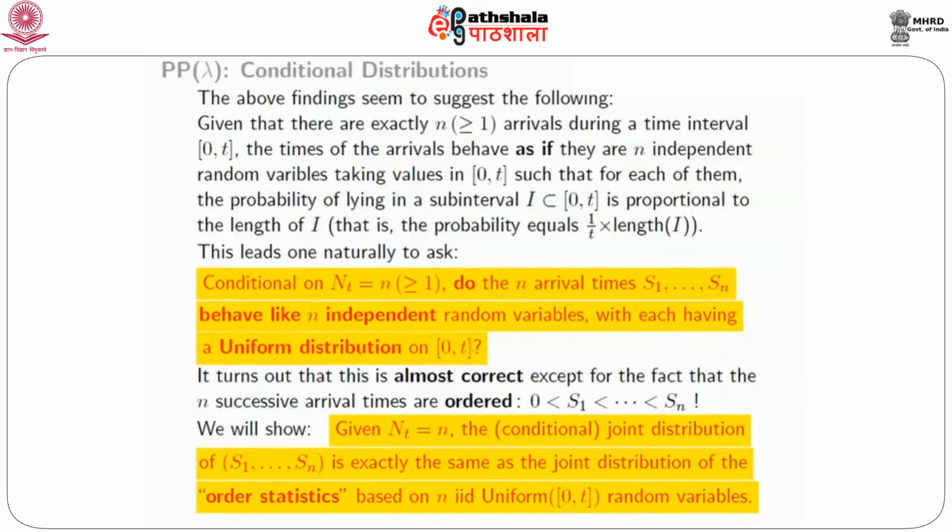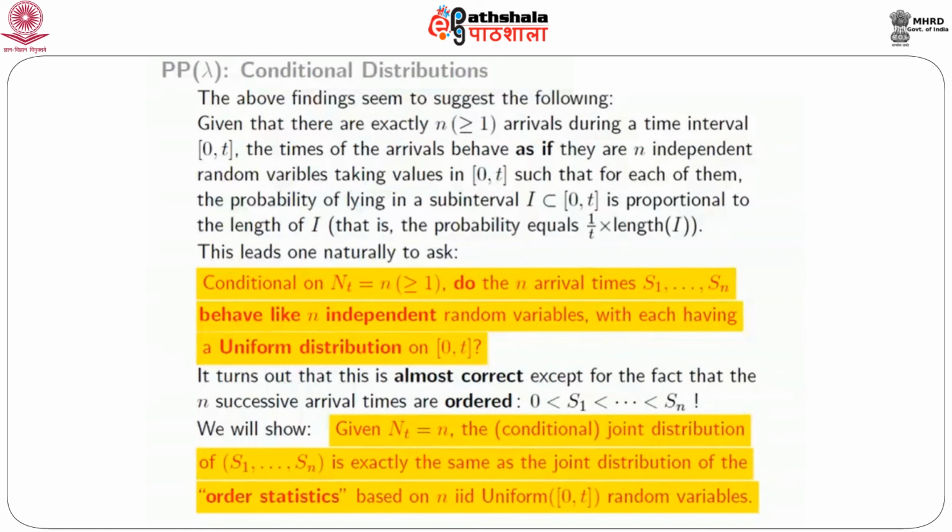It turns out that this is almost correct, except for the fact that the n successive arrival times are ordered. They cannot be really independent, they are ordered. So what we will show is that given N_t equal to n, the conditional joint distribution of S1, S2, ..., Sn is exactly the same as, not n independent uniform (0,t) random variables, because they cannot be independent.